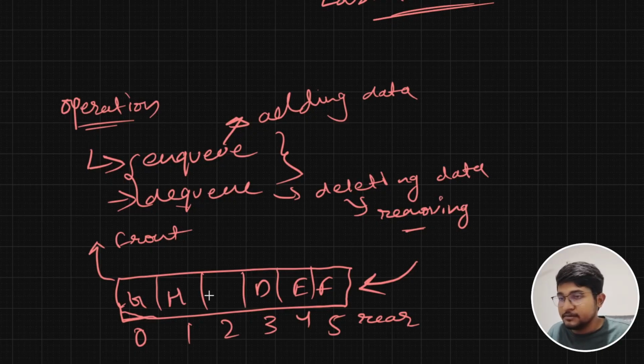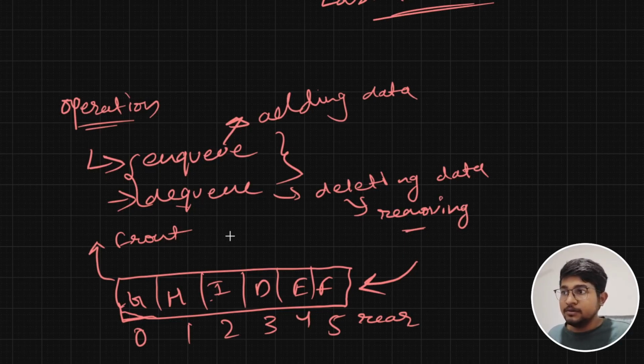Then h here, i here, like this. Now again it's full. If you do dequeue, it will get removed, and the next dequeue removes the next one. It will go round like this and continue in a circular way, putting values and deleting values. Okay, so this was dequeue.